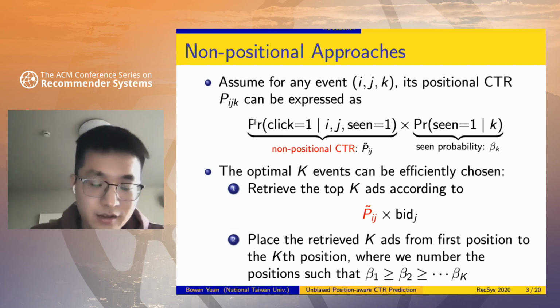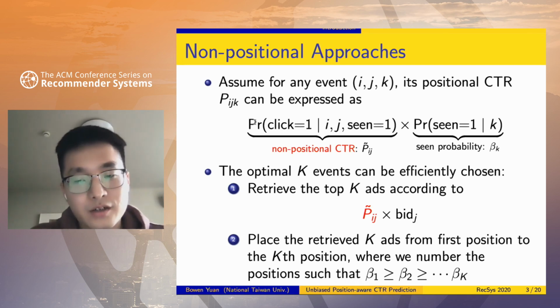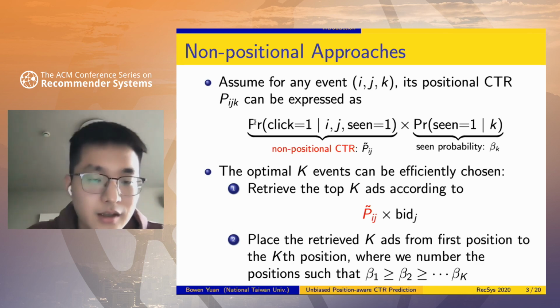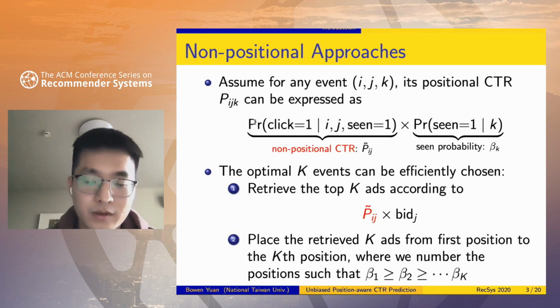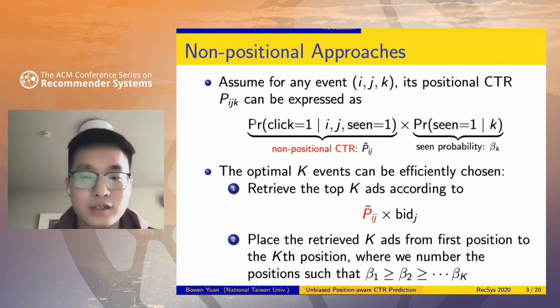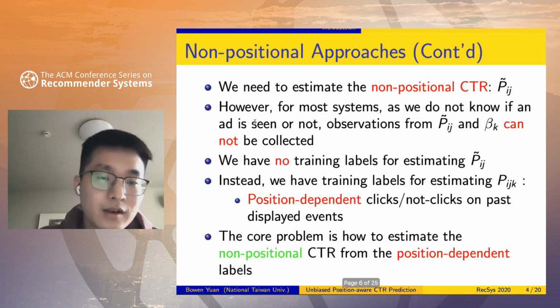With this assumption, the top k events can be efficiently chosen as follows. We first retrieve the top k ads according to the non-positional CTR times the bid. Then we place the retrieved k ads from the first position to the kth position, where we number the positions according to their beta values.